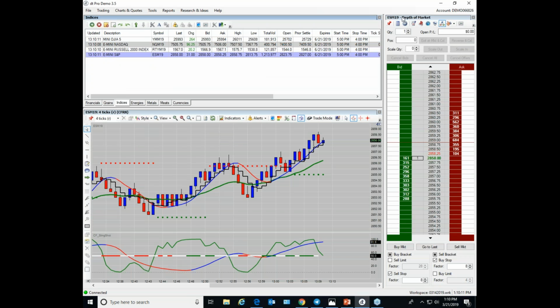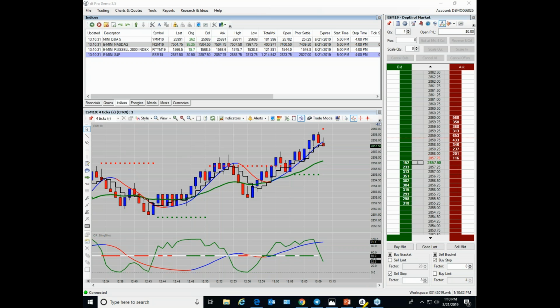This is called the depth of market. We're going to go inside and left click on the red and get short. If the market does go down, that means in that direction we'll make money. And along the way, we're going to move the stop, move the stop, move the stop.